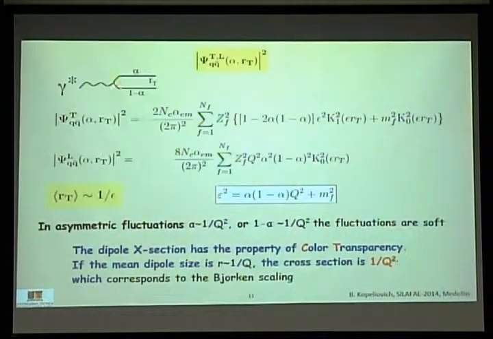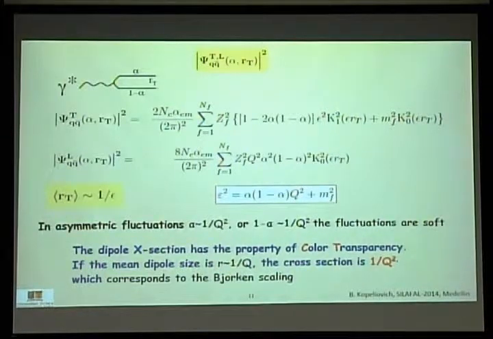And since it comes from the quark propagator, it's not a surprise that we have here modified Bessel functions, K0, K1. And the argument of this Bessel function is epsilon times the transverse dipole separation, where epsilon is shown here. So it is proportional to Q squared, epsilon squared.